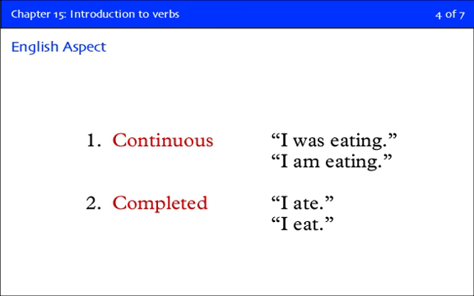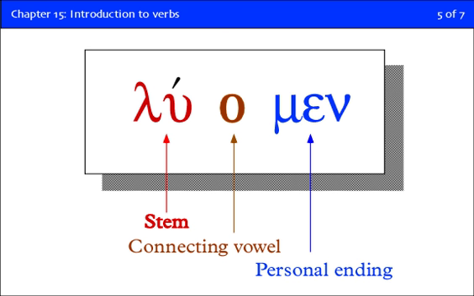But if you just instinctively hear I was studying last night, you can hear that the person is expressing the action as a process, and you're probably going to expect something else. I was studying and my friend called or something. But do you hear the difference between an action that is completed and an action that is continuous? That's aspect in English. Okay, let's switch a bit over into Greek. How do Greeks form verbs?